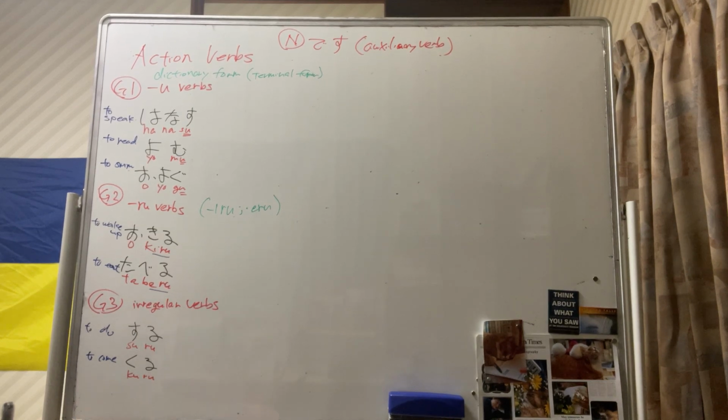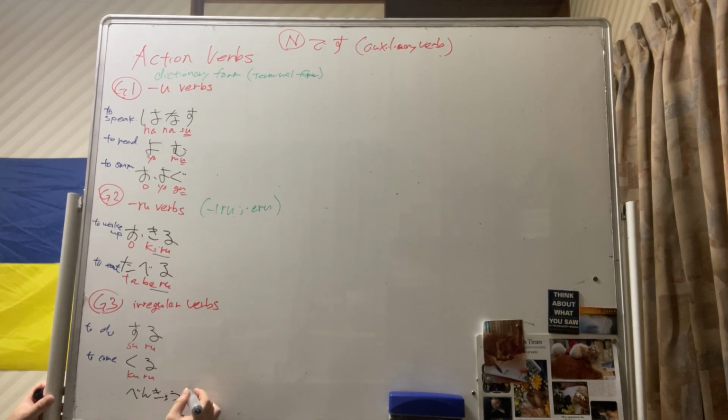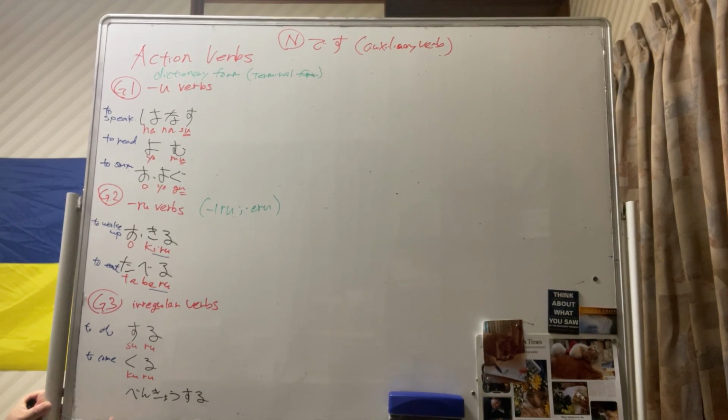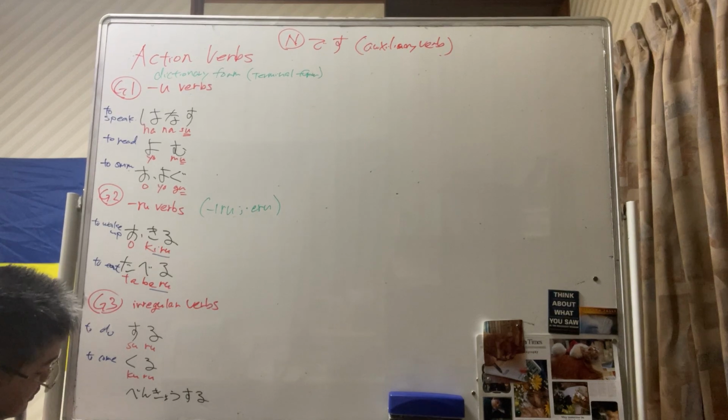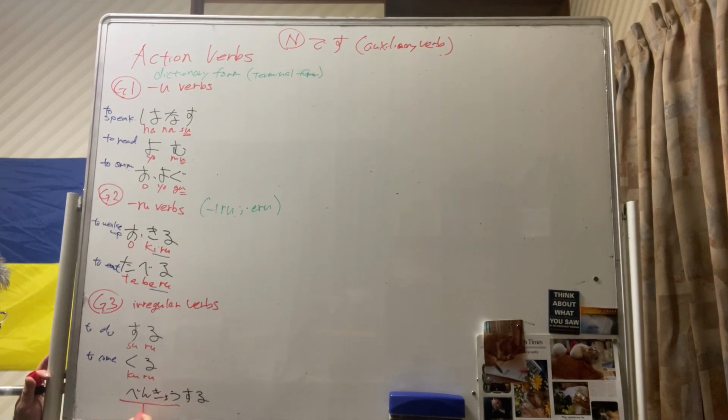Okay. And some textbooks usually have 勉強する. That's to study. Kind of making it look like there are more than two irregular verbs, but essentially 勉強 is a noun, and this is a verb, essentially to do the studying.